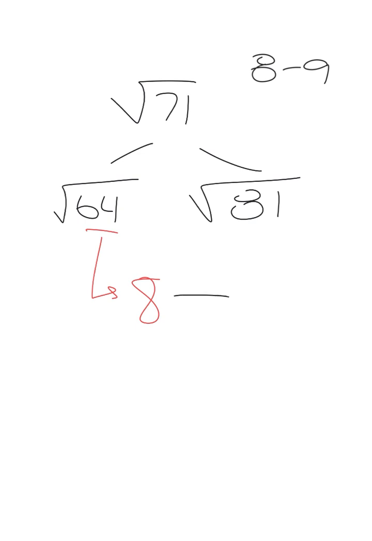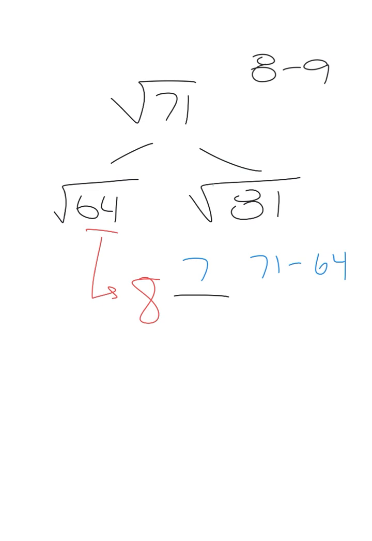So we're going to take 71 minus 64, and that's going to get us our numerator. So 64 plus 7 is 71. Now we need the denominator.